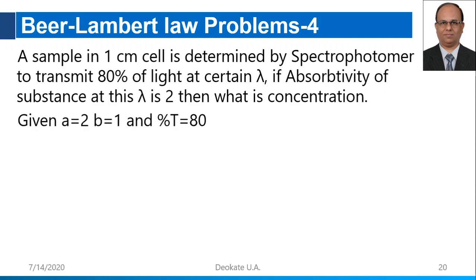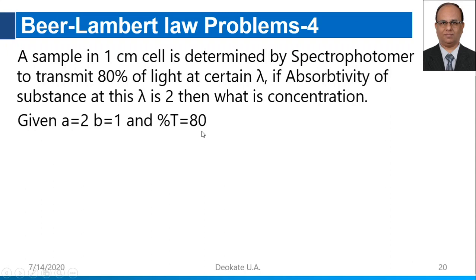So given small a, that is the absorptivity of the substance at this wavelength, is 2. Then b, path length, is 1 centimeter. And we have the percent T value, that is 80.